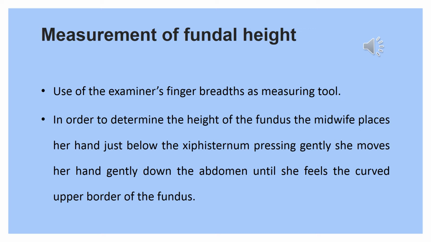In order to determine the height of the fundus, the midwife places her hand just below the xiphisternum. Then she has to press gently downwards and move her hand smoothly until she feels the curved resistance, that is the upper border of the uterine fundus.